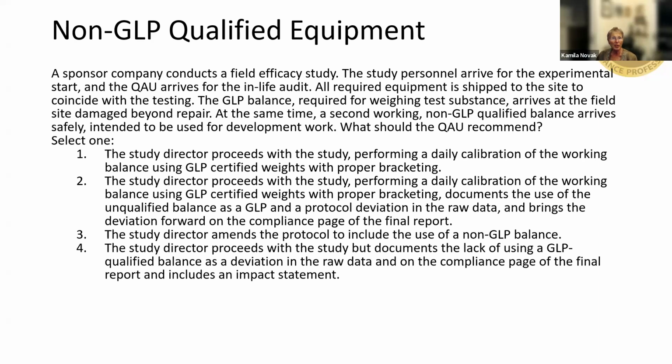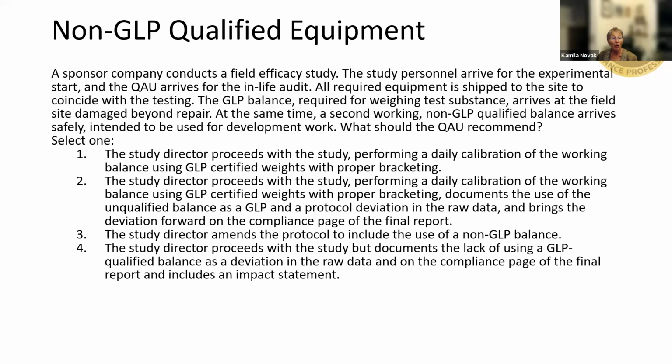1. The study director proceeds with the study performing a daily calibration of the working balance using GLP certified weights with proper bracketing. 2. The study director proceeds with the study performing a daily calibration of the working balance using GLP certified weights with proper bracketing, documents the use of the unqualified balance as a GLP and protocol deviation in raw data, and brings the deviation forward on the compliance page of the final report.